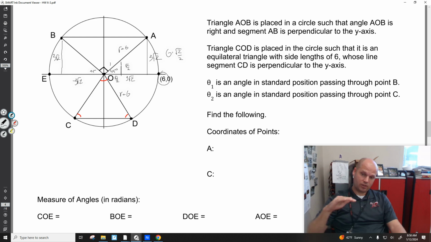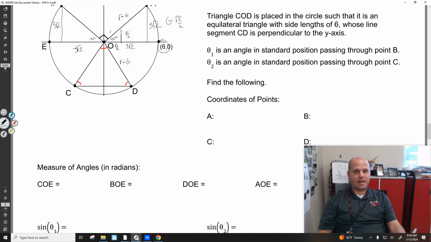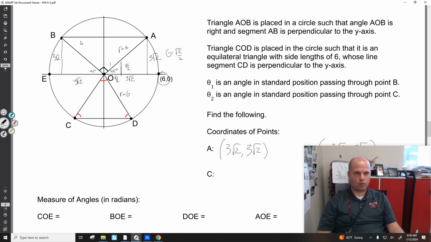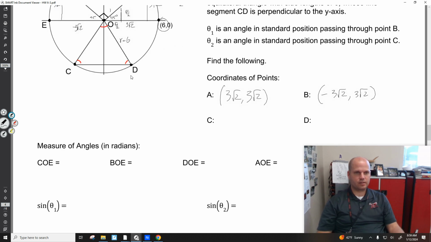Double 18 is 36. Boom, we're good. Okay, so A and B I got. A is 3 root 2, comma 3 root 2. B is negative 3 root 2, positive 3 root 2. Positive y's, positive x, negative x.